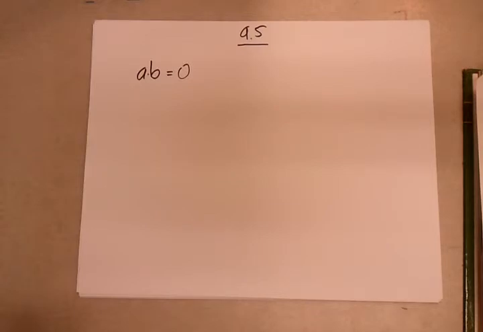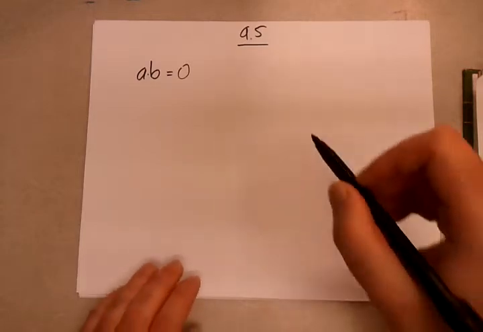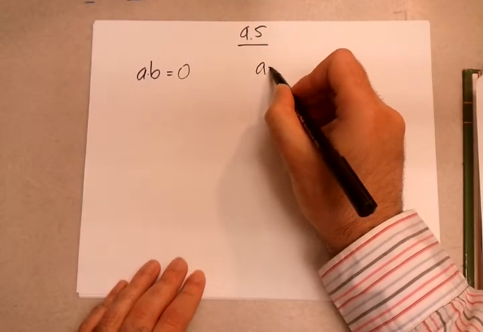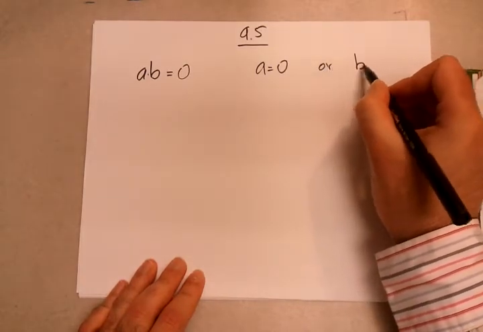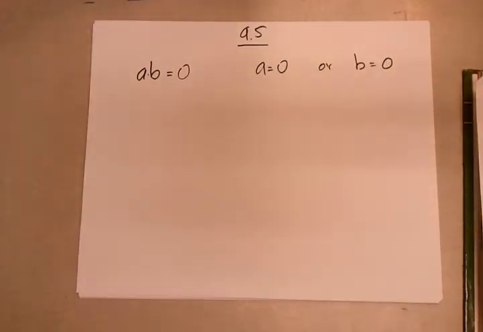There is no other combination of numbers that, when multiplied together, gives you 0. Either a or b has to be 0. So in this case you can safely say that either a is 0 or b is 0. They can both be 0, but at least one of them has to equal 0 in order for this to be true.